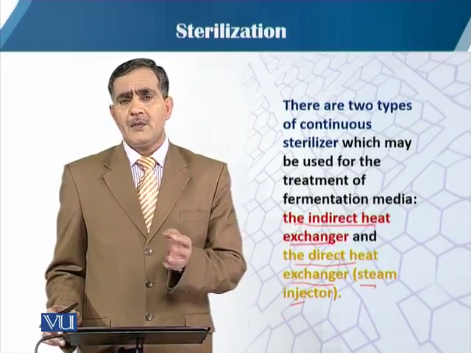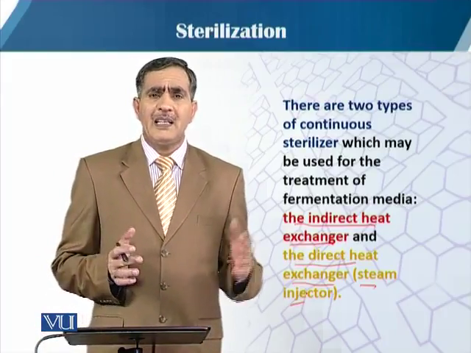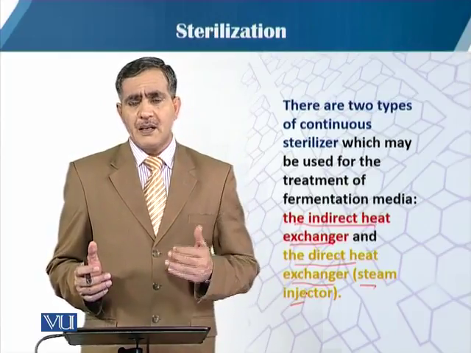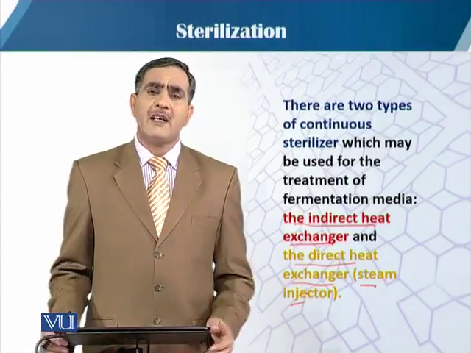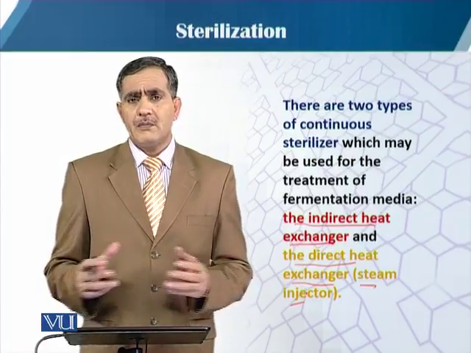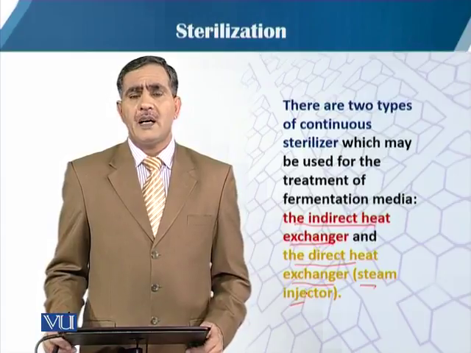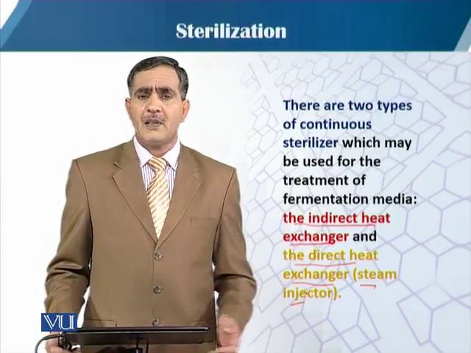In the first type there is no contact of the heating agent, which is mostly steam, with the medium. But in the direct method, there is direct contact of steam with the medium. Both methods have their advantages and disadvantages that we will discuss in a later module.